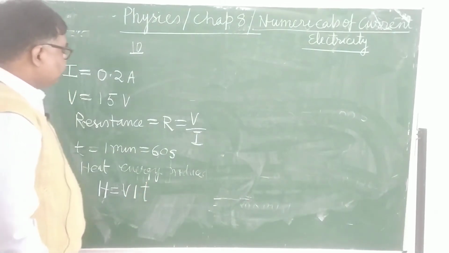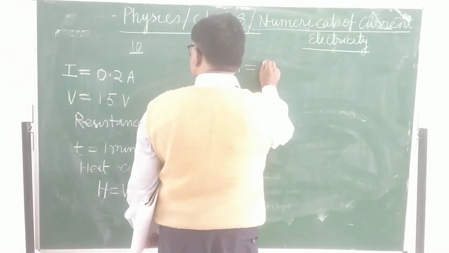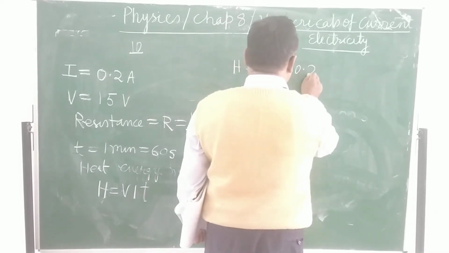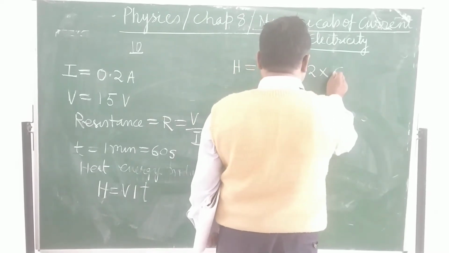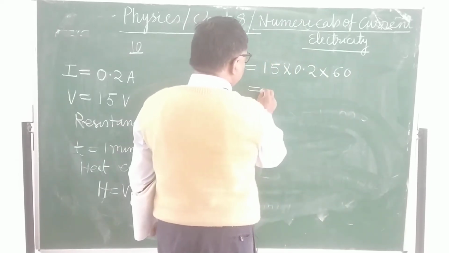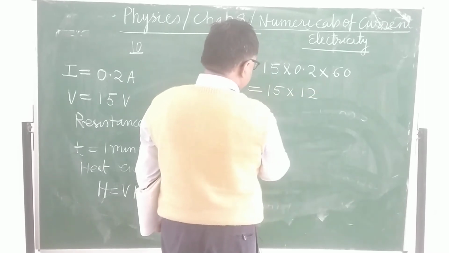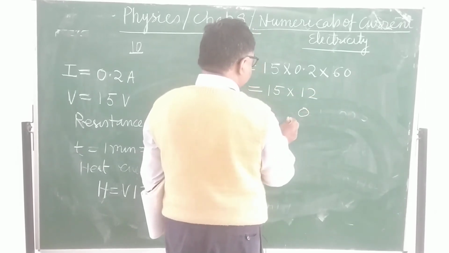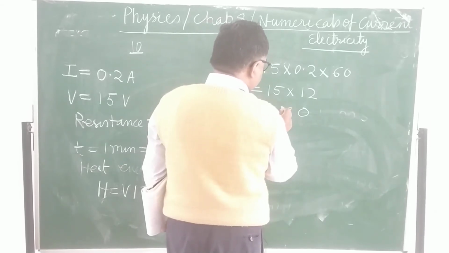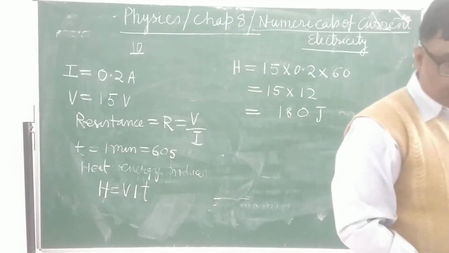You substitute the value: V is 15, I is 0.2 and time is 60. So this equals 15 into 12, 180 joule. This will be the energy consumed.